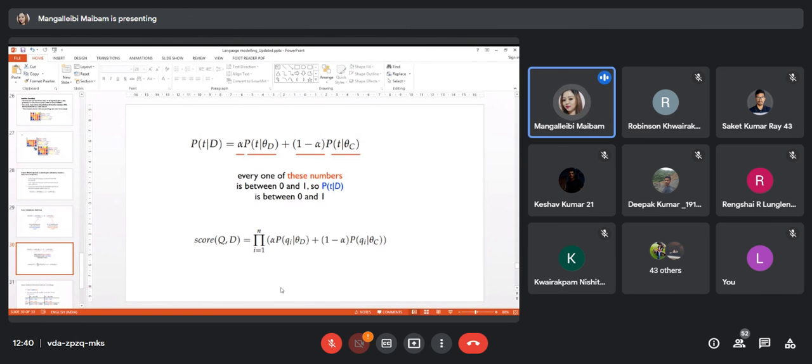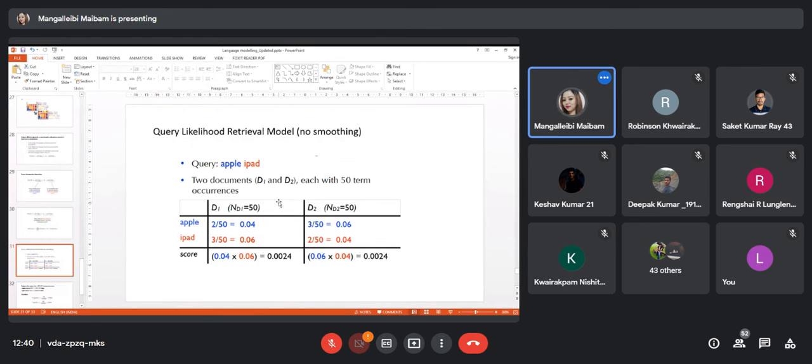We discussed an example in our last class, but we will see it here. This is for the particular document. We have two documents, D1 and D2, each containing 50 term occurrences, so n equals 50. Apple occurs two times in the document, not in the collection: 2 by 50, and 3 by 50, which means three occurrences of iPad in the first document and two occurrences in the second.